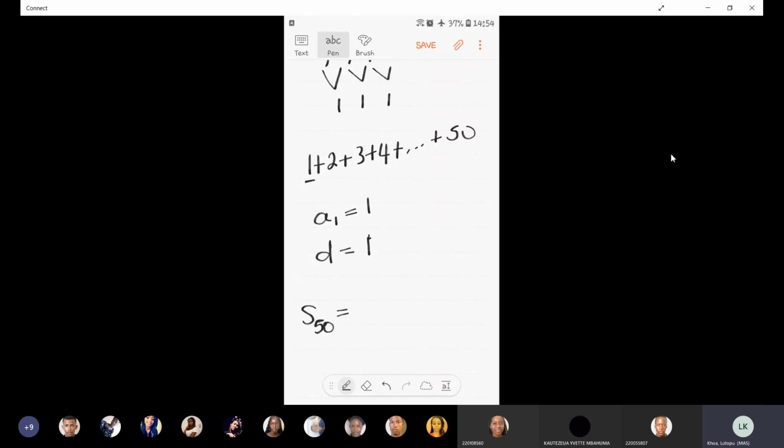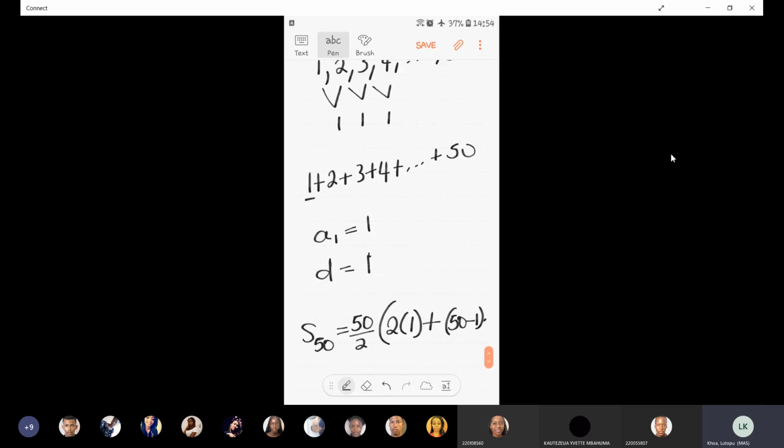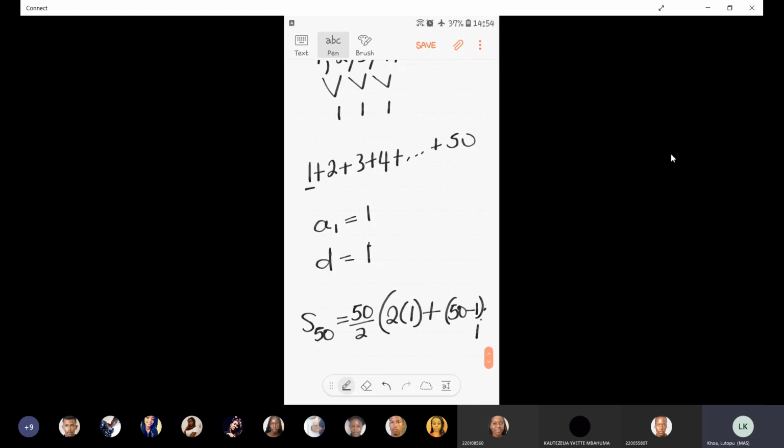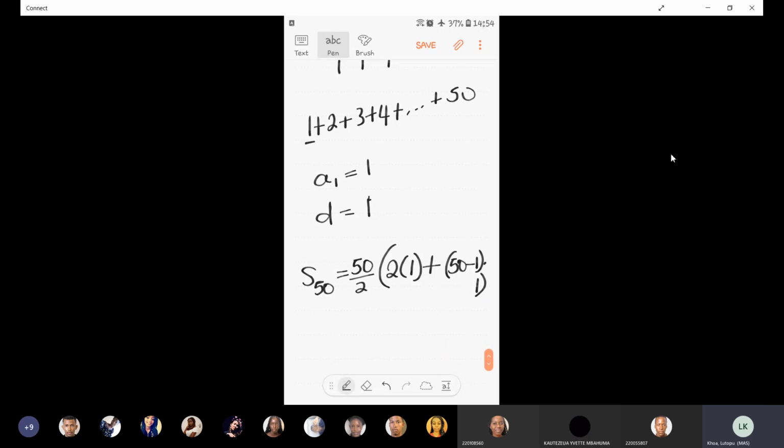And this is equal to n, which is 50, divided by 2. And then I multiply 2 by a1. And then I add n, which is 50, minus 1 times the common difference, which is 1. Then I close my bracket.